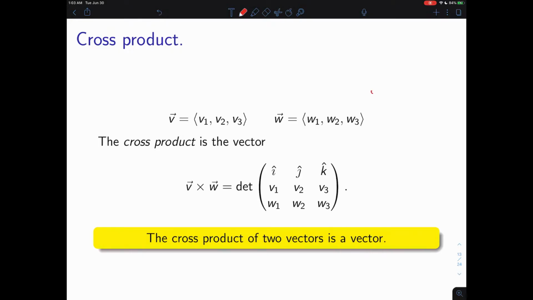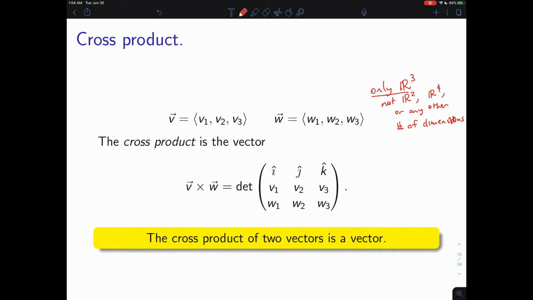So not R2, not R4, or any other number of dimensions.